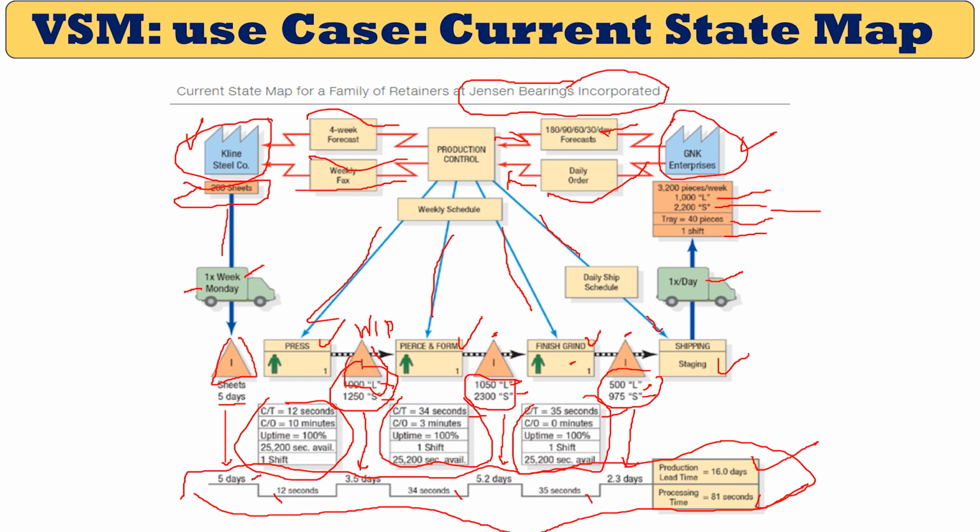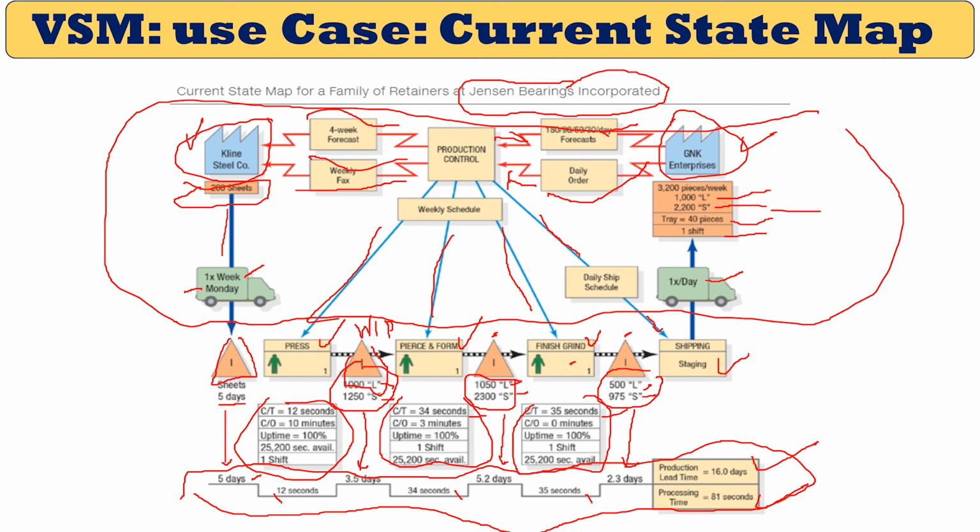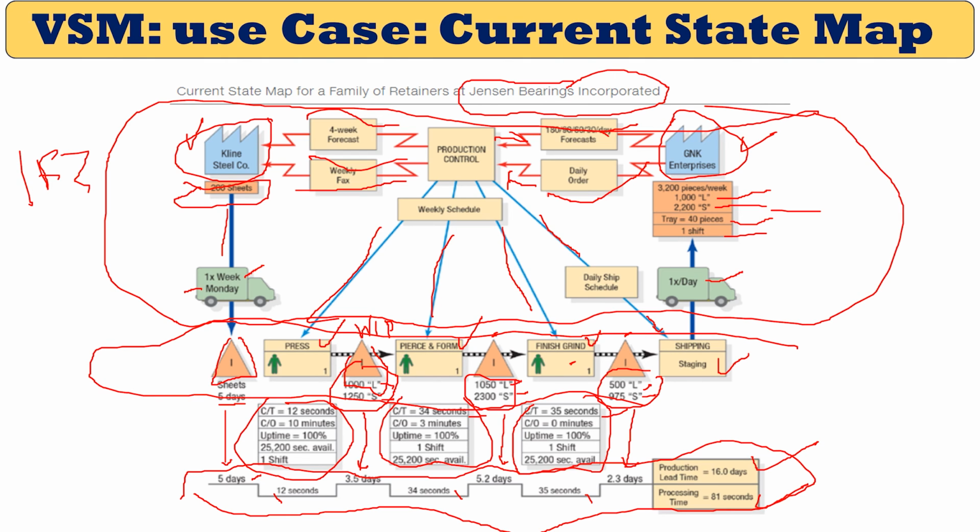So now let's also talk a little bit about the zones. This part of your value stream map is what we call the information flow zone, right? And then this part here is your process zone, and that one is your data box zone.